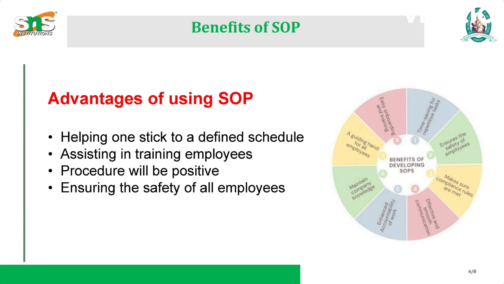So assisting in training employees, then guaranteeing compliance standards, then certifying that procedures will not negatively impact the environment, ensuring the safety of all employees, avoiding potential manufacturing failures. So these are some of the reasons why we go for standard operating procedure.